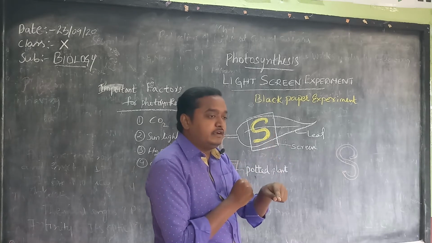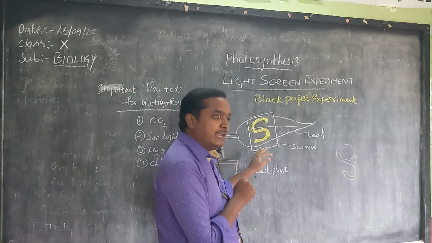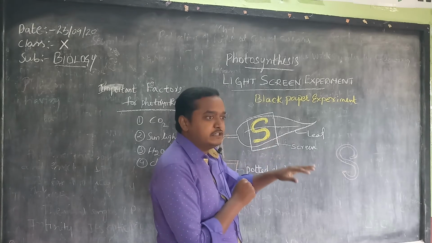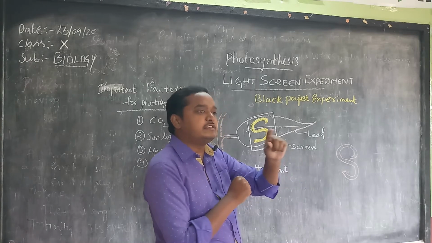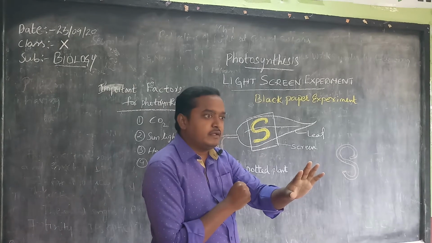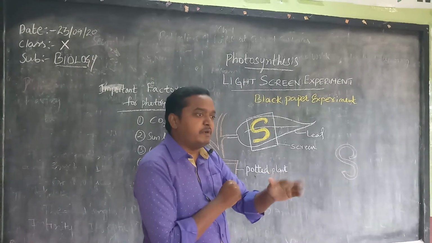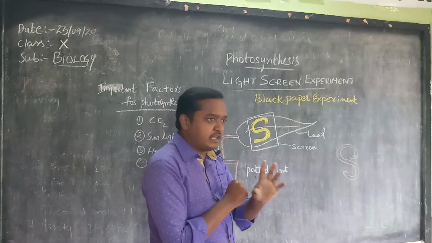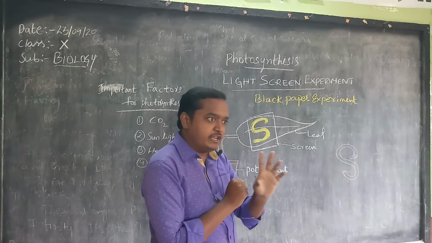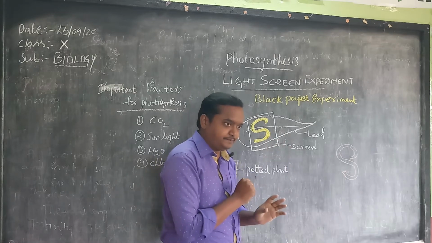If you put iodine on the leaf and it turns blue black, then it is confirmed that photosynthesis is done, glucose is prepared and stored in the form of starch. Is it clear now? Iodine is there. So that is all we require.